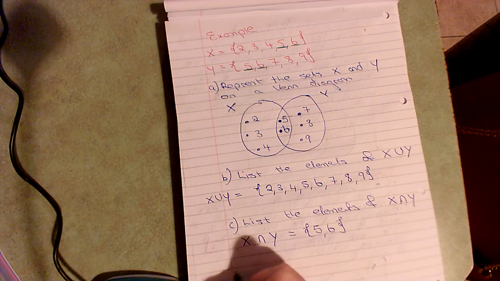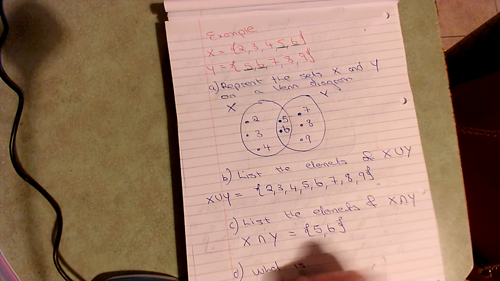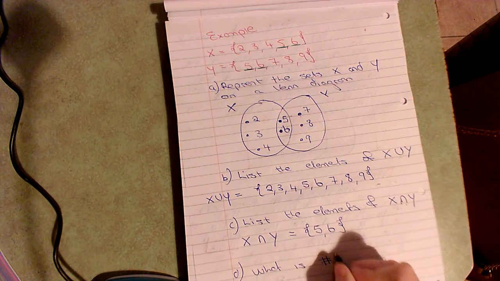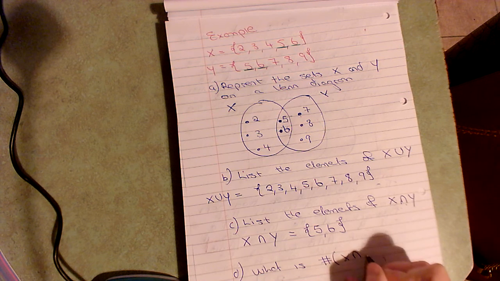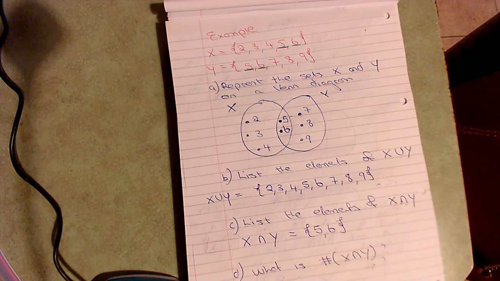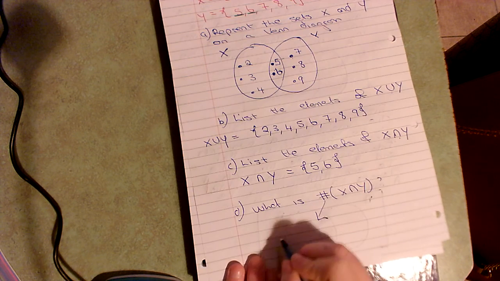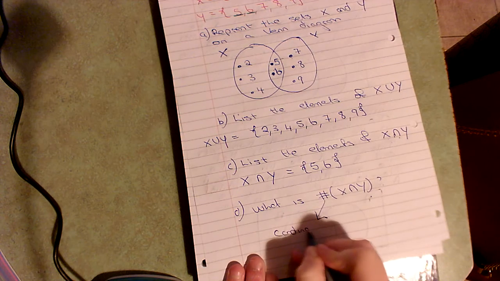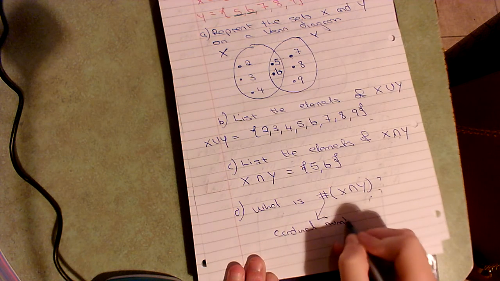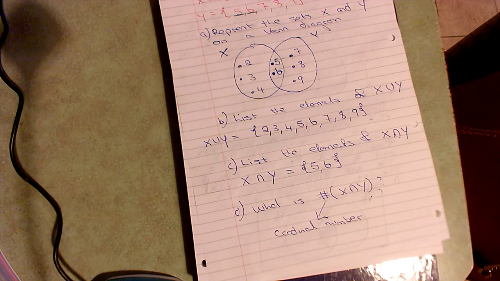Then part D asks me what is hashtag X n Y, question mark. Okay, so this here, that symbol represents my cardinal number. Okay, so the cardinal number is the number of elements in the set.